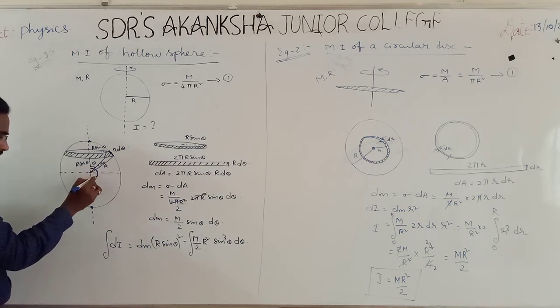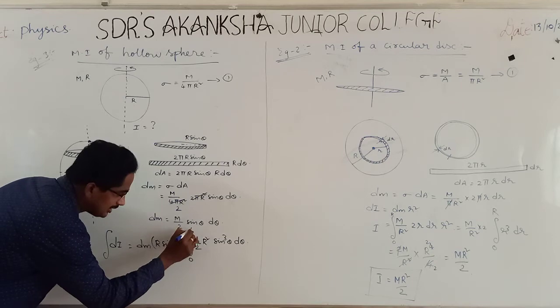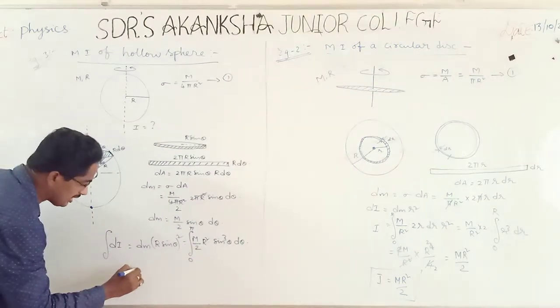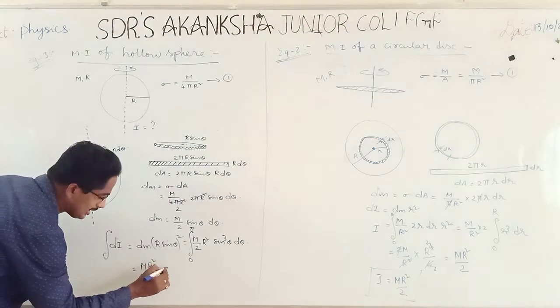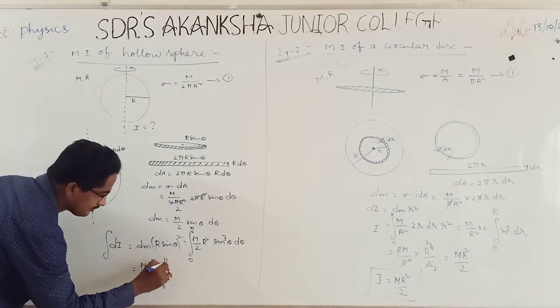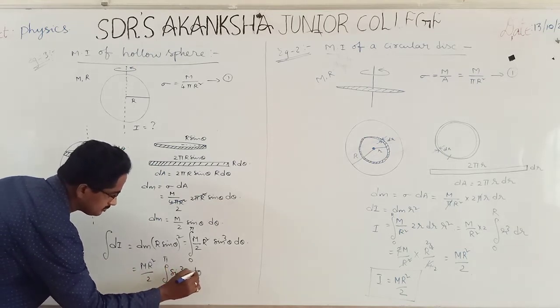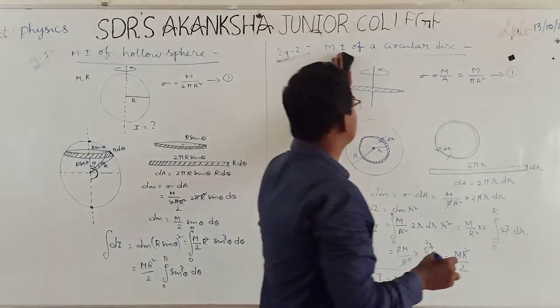With those limits, if we integrate it, we can get the answer. So M r square by 2 into the integral from 0 to pi of sin cube theta d theta.